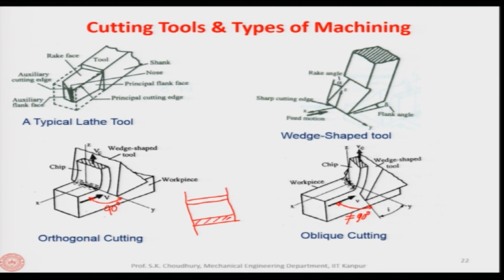For example, if this is the workpiece, and let us say this is clamped in a 3-jaw chuck, this is the tool which is moving while the workpiece is rotating. So, this is one example of orthogonal cutting, otherwise very few examples exist. Most of the cases it is oblique cutting in practice.